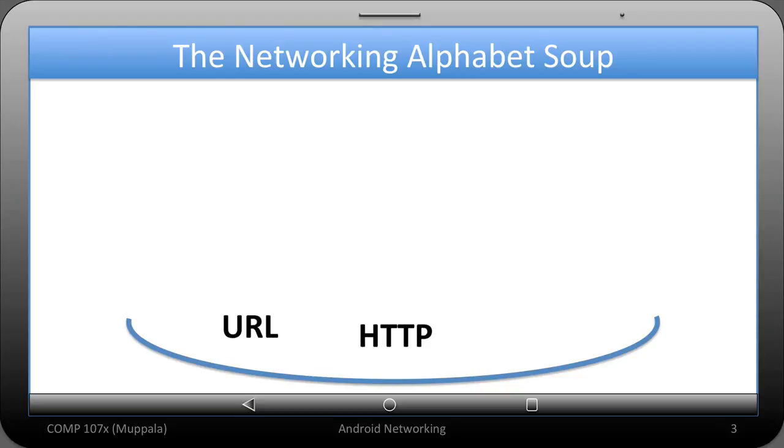Anything that you have on the server side that should be accessible from your Android application should have a URL associated with it. And typically the data exchange from the client to the server and vice versa is in a standardized format like JSON or XML. So these are terms that you will often hear in this world.